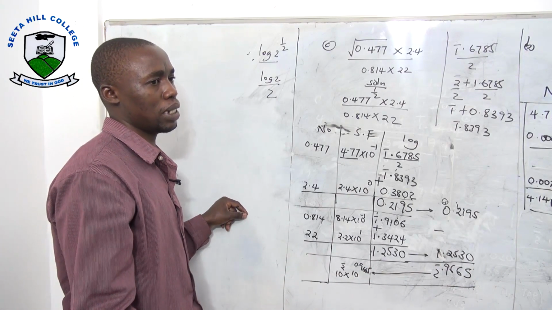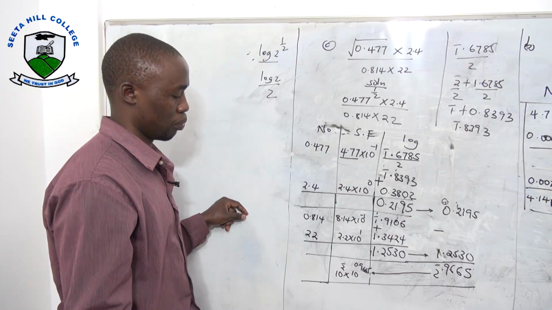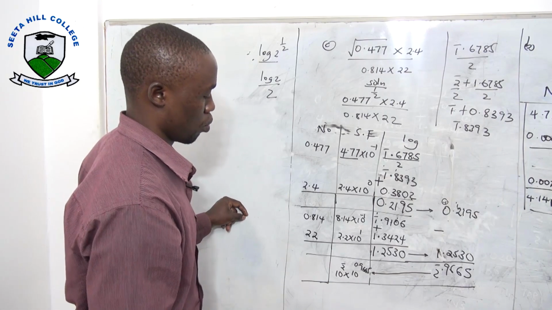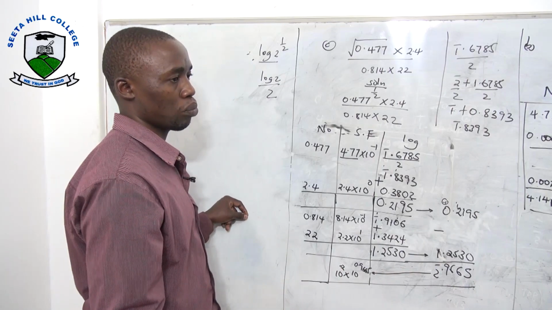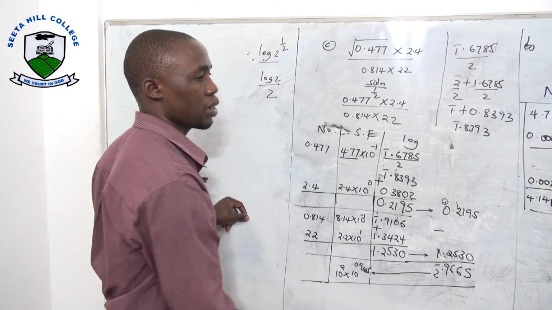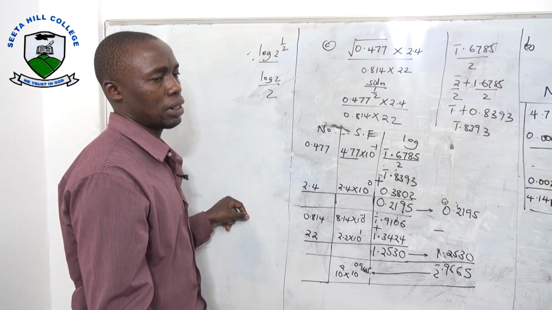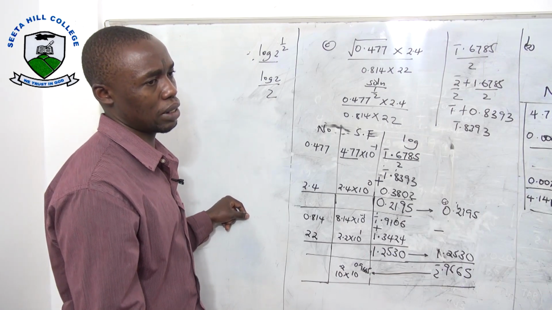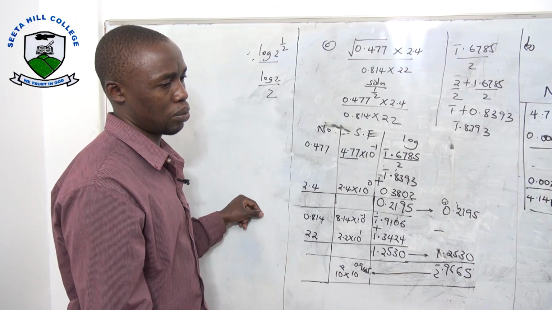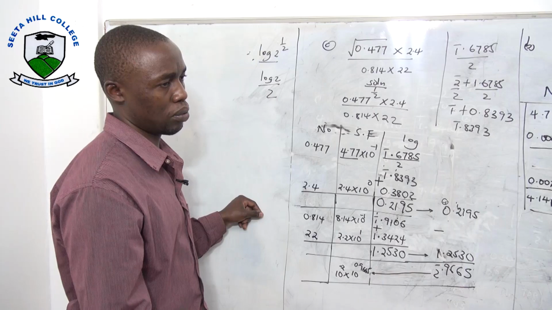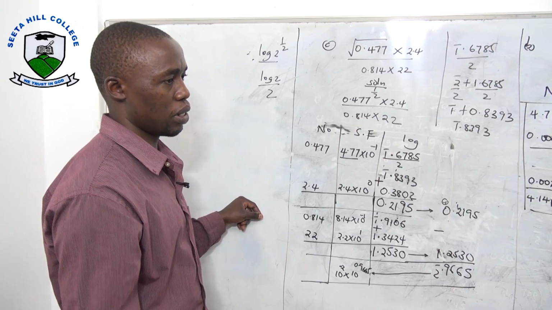Did you hear that statement? Yes. What do you get? First get this to 3 decimal places before you multiply, because you'll be in line with the logbook. Oh, that is correct.